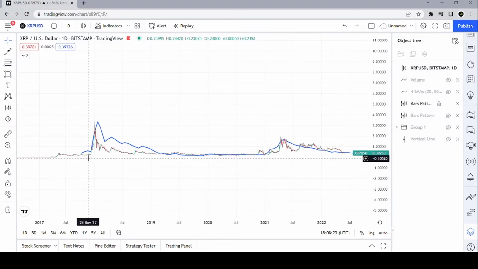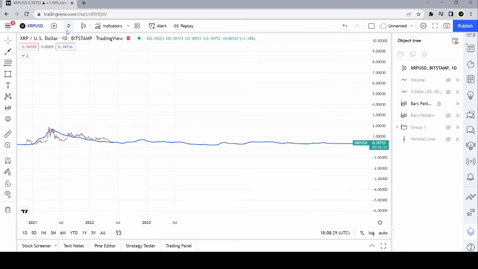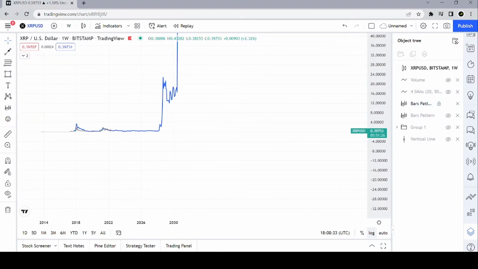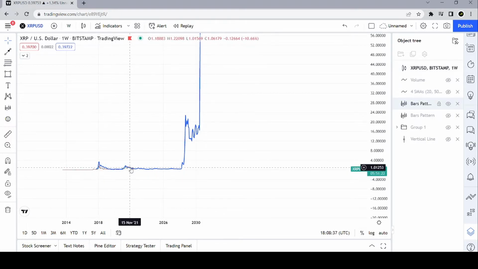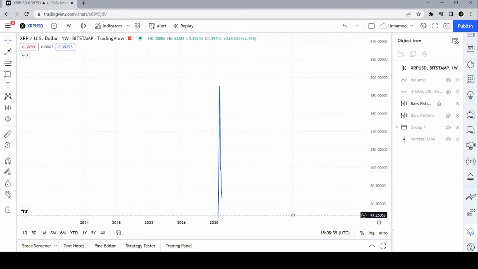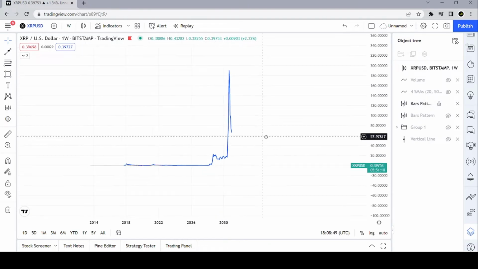So I basically took that pattern where it goes up, goes flat, goes back up again, not quite as high. I'm going to move this to the week because it gets really hard to see. So if we continue this pattern and it plays out in this proportion, and I can't guarantee that it's going to go to this proportion, but eventually you're going to be up in the first one to the 20s and this one close to $200.